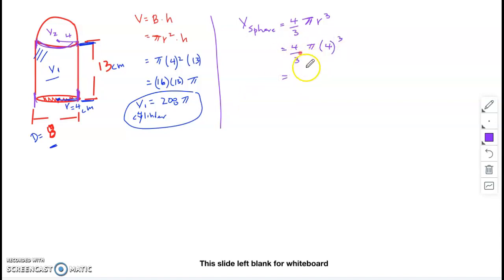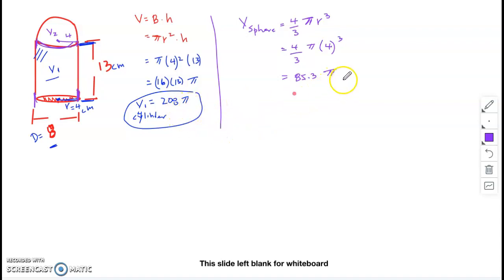Again, they want the answer in terms of pi, so I keep my pi. Now I have to do the 4/3, which is 4 divided by 3, times 4 cubed. And I'm getting here 85.3 pi.